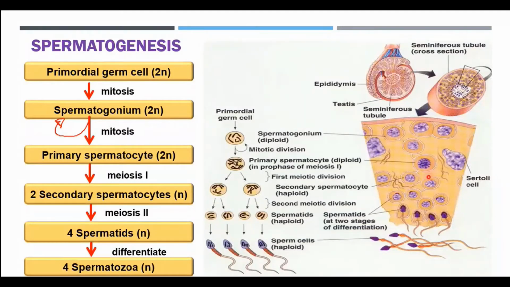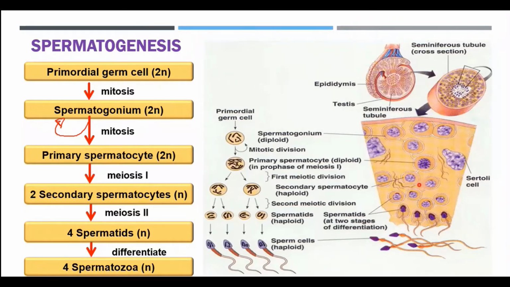But then this primary spermatocyte undergoes meiosis 1, and this produces two cells known as the secondary spermatocytes. Since meiosis 1 has been completed, the two secondary spermatocytes are now considered haploid cells.